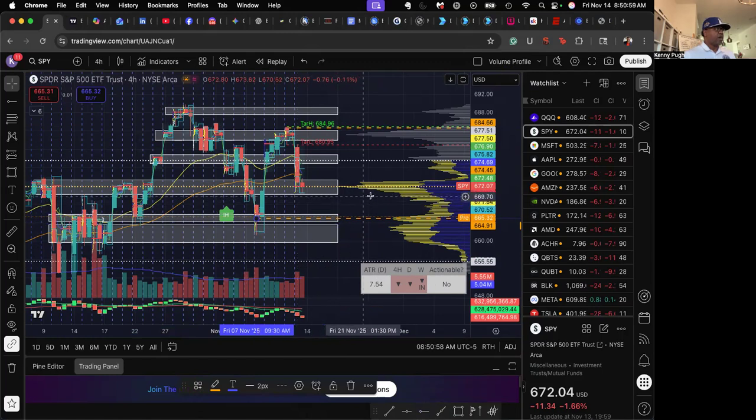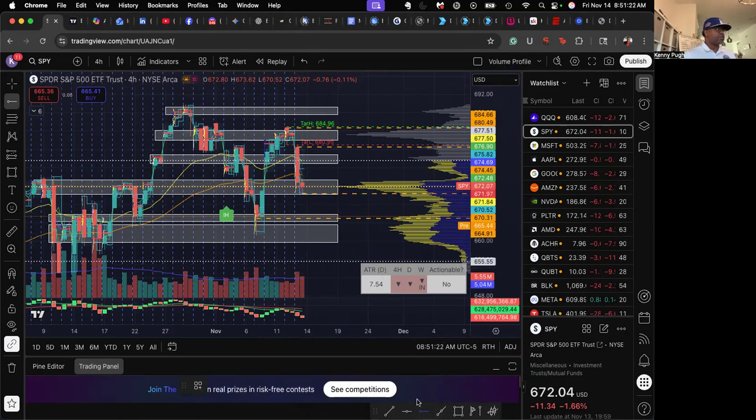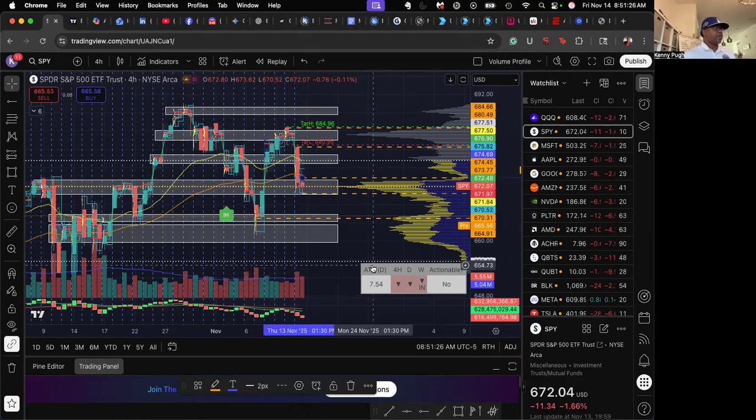And then for the internal range liquidity levels, the swing highs and the swing lows on either the daily or the 4-hour chart will represent some of the external levels. But inside of those ranges, they have various internal levels of liquidity that we can also take a look at. And so sometimes I will mark those off so that I have visibility to what's happening. So right now, we've done this for SPY on the 4-hour chart.